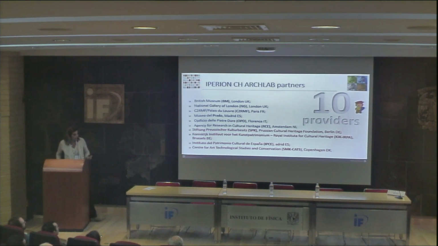Presently, in the Hyperion project, we have 10 providers, with the addition of the Prussian Cultural Heritage Foundation in Berlin, the KIK-IRPA in Brussels, the Instituto del Patrimonio Cultural de España in Madrid, and the Center for Archaeological Studies and Conservation in Copenhagen.